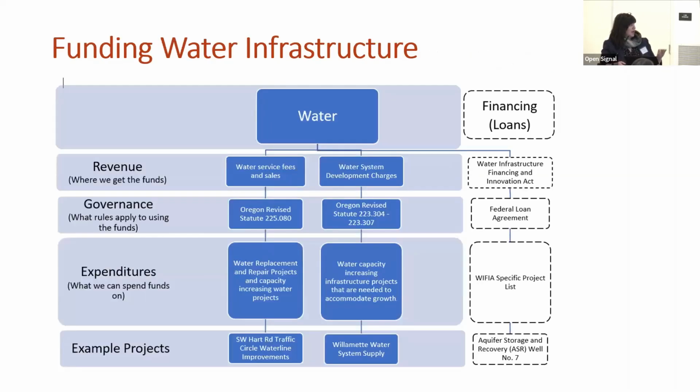I'm not going to spend a lot of time on this. The point is that different revenue sources have different constraints and strings attached. They are not all fungible. Again, that general fund money that comes from property taxes, very flexible, but in very high demand, limited by state law. Ratepayers, yeah, you can jack up those rates, but that's going to impact everyone, perhaps disproportionately people who are lower income.